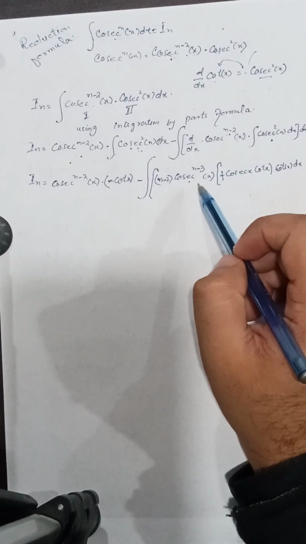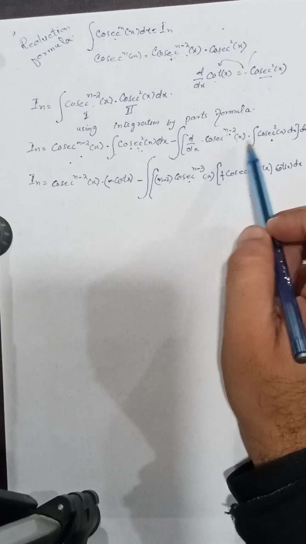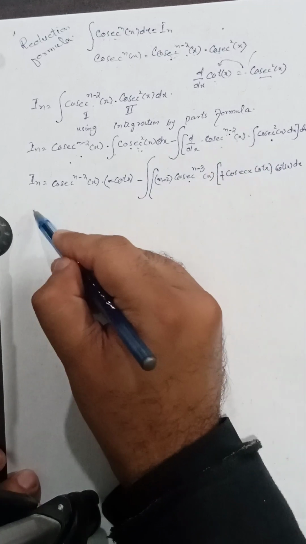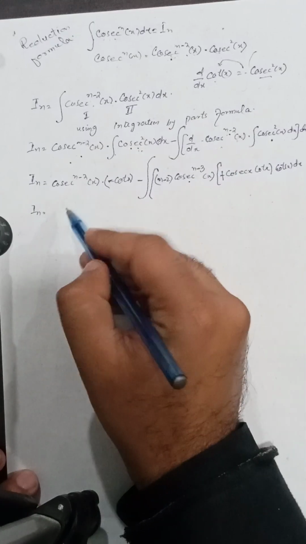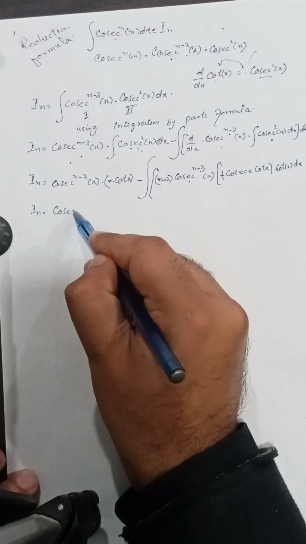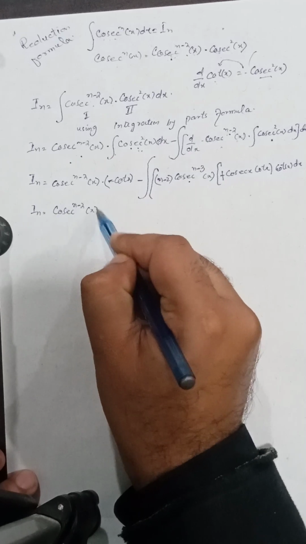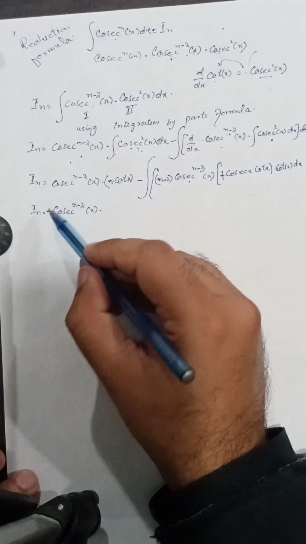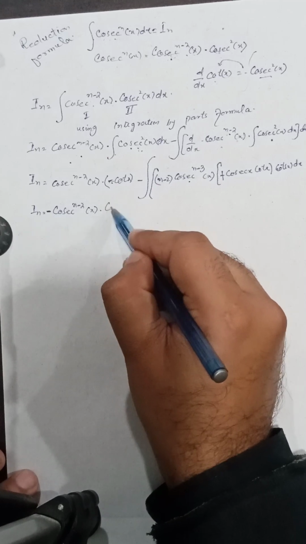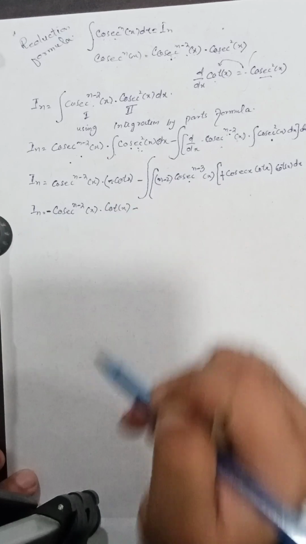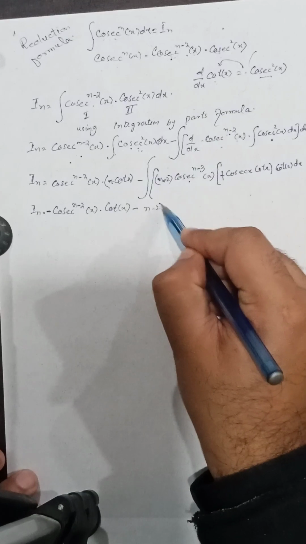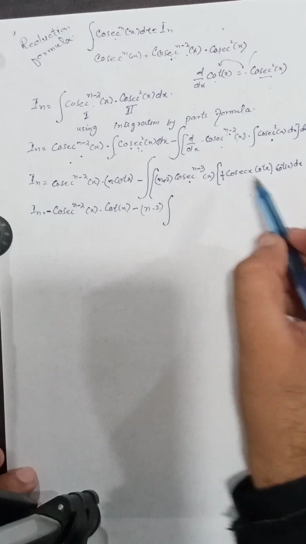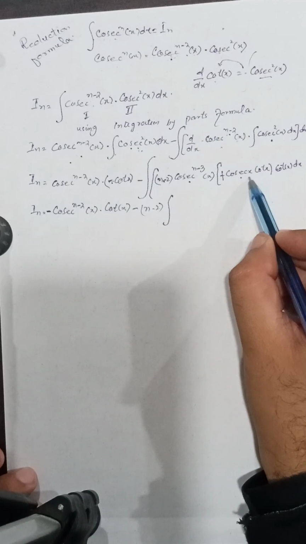These are much more complicated steps, because the differentiation and integration both involve minus signs with these two functions. So we will proceed with these steps. So I n is equal to cosecant of n minus 2 of x cotangent of x, minus n minus 2 will come out of the integral, with the integral of cosecant power n minus 3 of x multiplied with this cosecant power 1 of x.